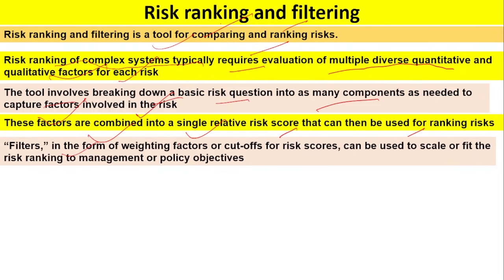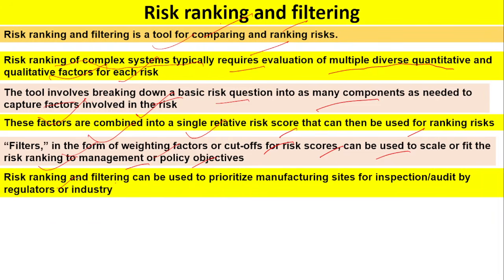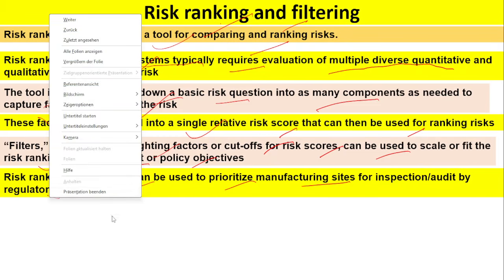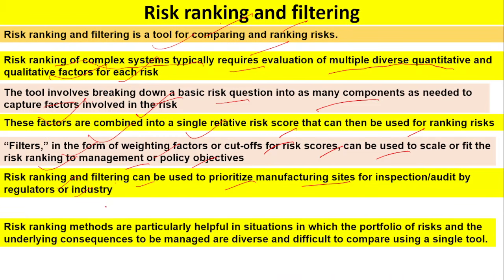Filters in the form of weighting factors or cutoffs for risk scores can be used to scale or fit the risk ranking to management or policy objectives. Risk ranking and filtering can be used to prioritize manufacturing sites for inspection audit by regulators or industry.